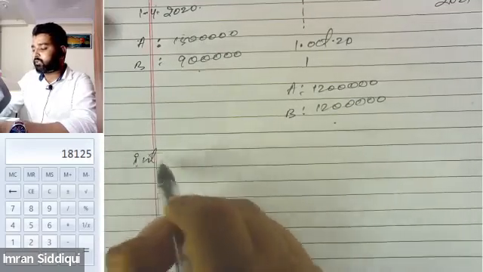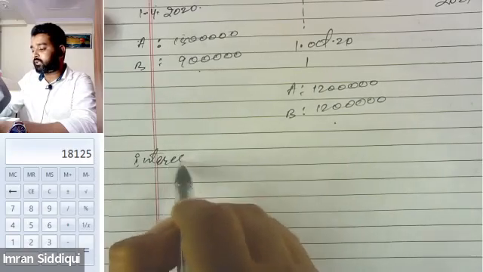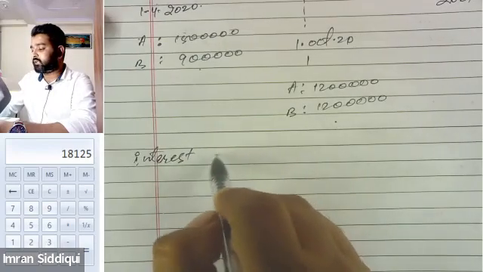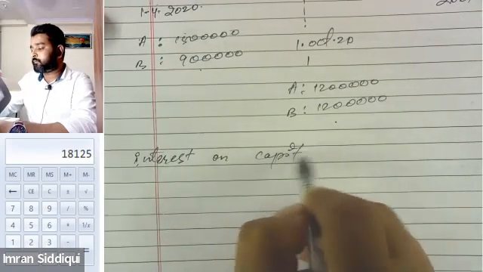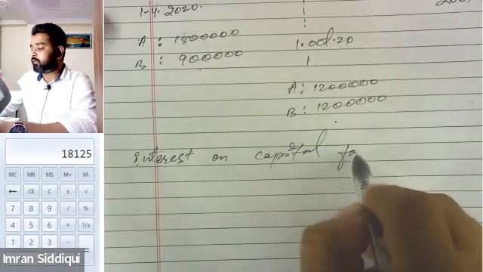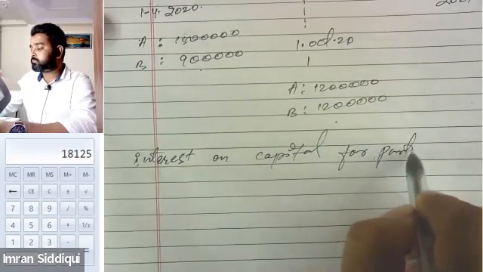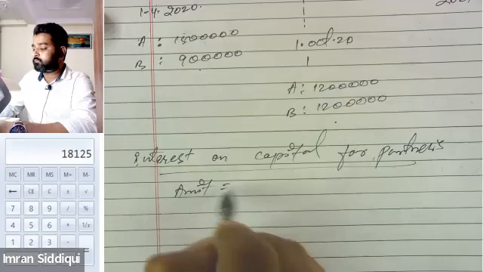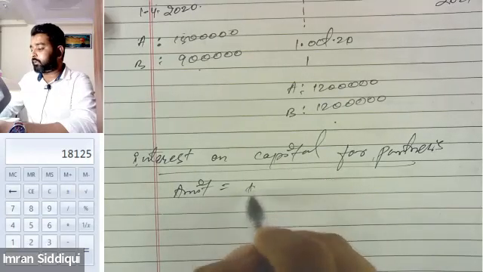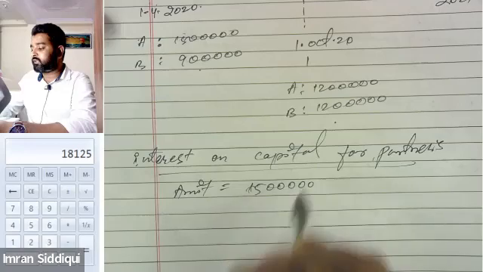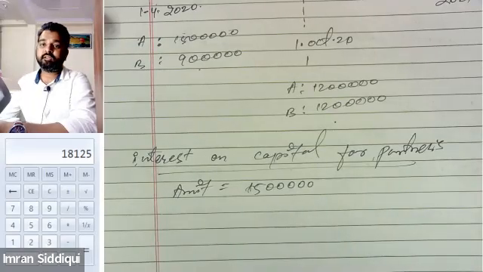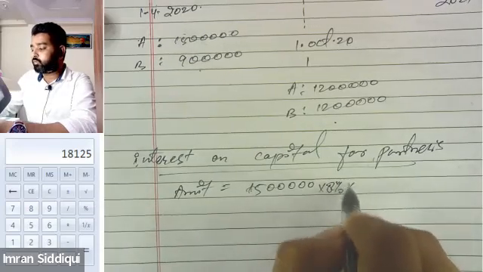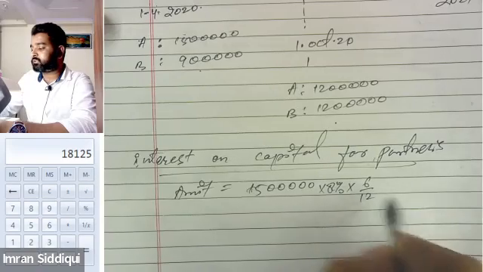Let me show you the calculation of interest on capital. Nobody needs to write it down, just try to understand. Interest on capital for partners. Partner A, that is Amit, will get interest on capital first on 15 lakh, at the rate of 8%, but for how many months? 6 months, so 6 upon 12.